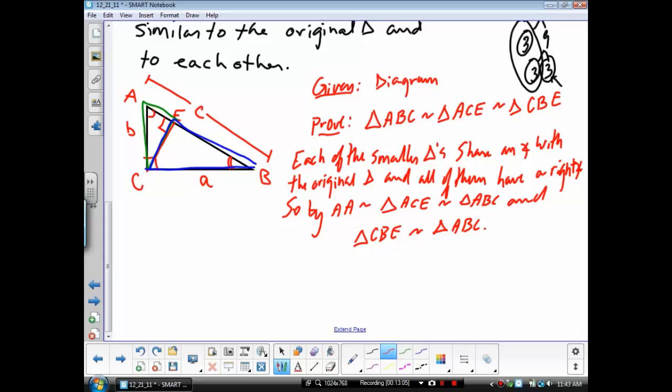Since they're both similar to ABC, they're going to be similar to each other by a transitive type property. If they are both similar to the same triangle, they will be similar to each other. So triangle ACE is also similar to triangle CBE.